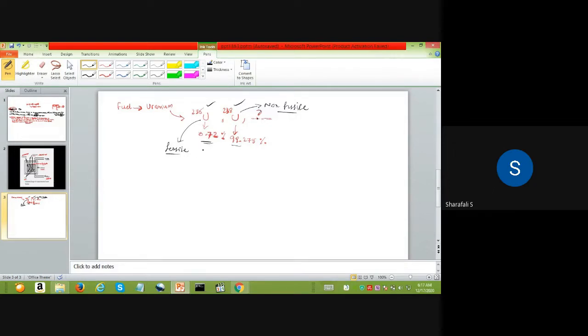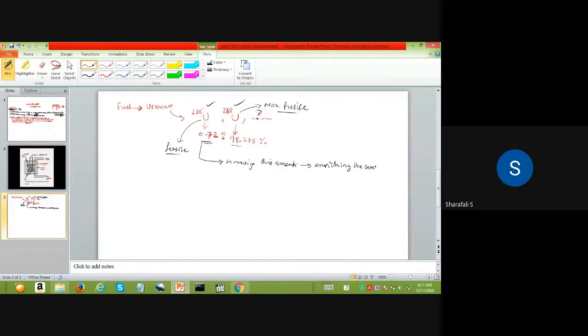So in order to increase this amount, what I mean is that the uranium-235 quantity we have to increase. We have to enrich the sample.